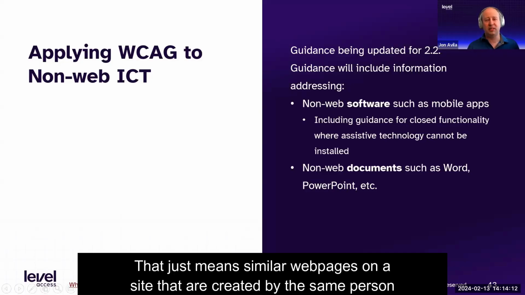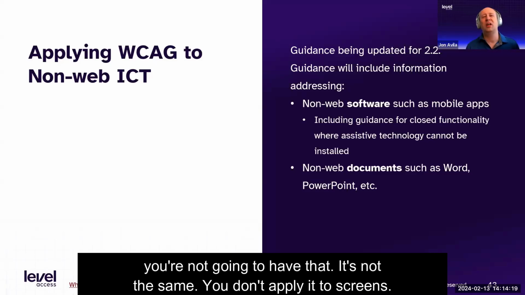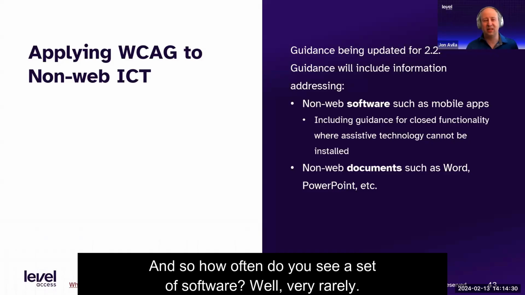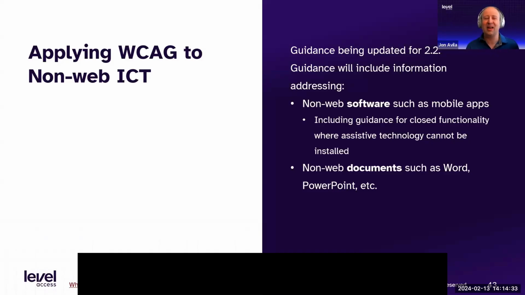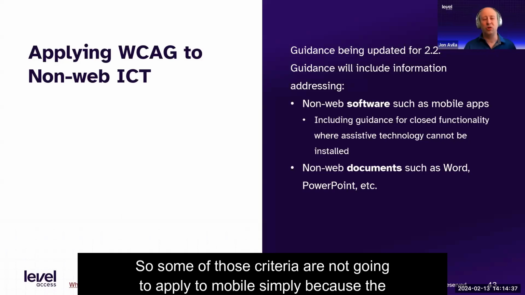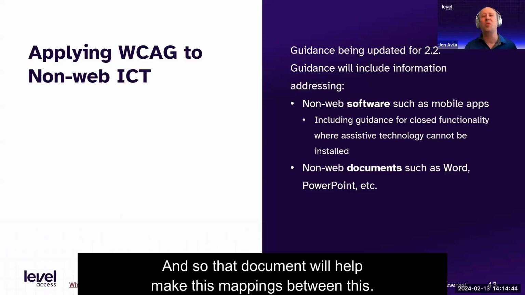That just means similar web pages on a site that are created by the same person for the same purpose. Well, on a mobile application, you're not going to have that. It's not the same. You don't apply it to screens. It would actually be sets of software. And how often do you see a set of software? Very rarely. Maybe Microsoft Office, something like that. So some of those criteria are not going to apply to mobile simply because the concepts don't carry across from web to mobile.